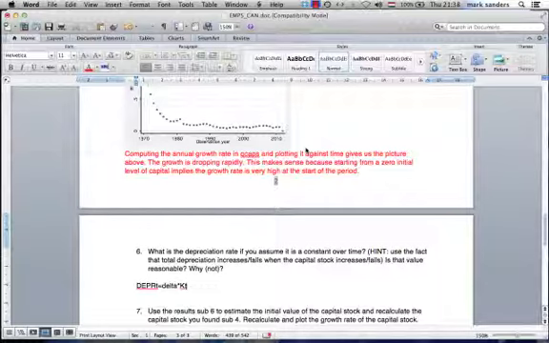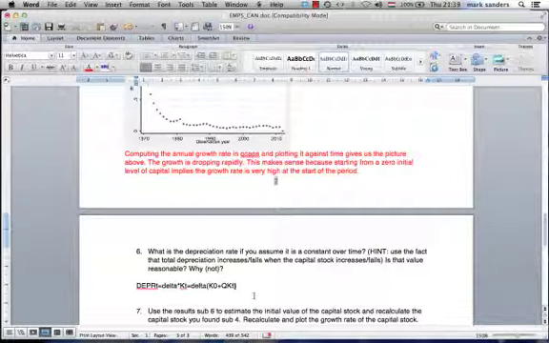And we know that this is equal to delta times K0 plus the quasi-capital stock at time t, because K0 plus the quasi-capital stock is my capital stock at time t.